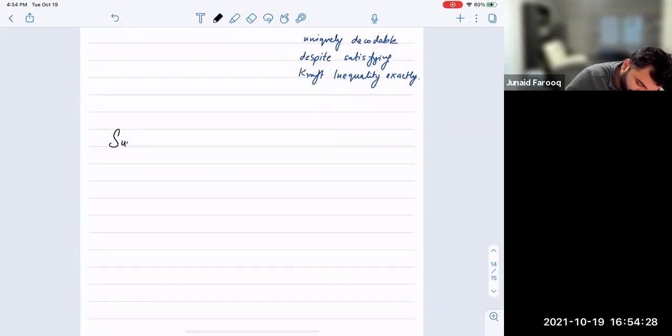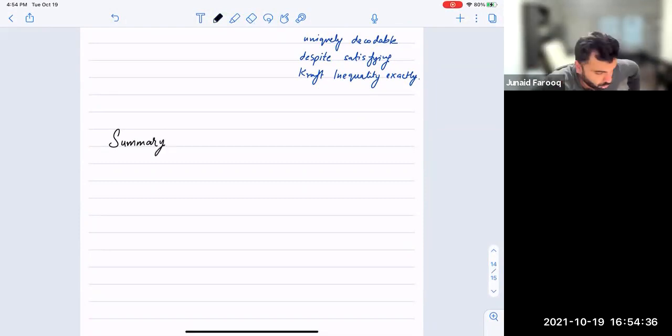And next lecture, we're going to look at an optimal code that can be used for compression. It's called the Huffman code. It's uniquely decodable, and it's also an instantaneous code.